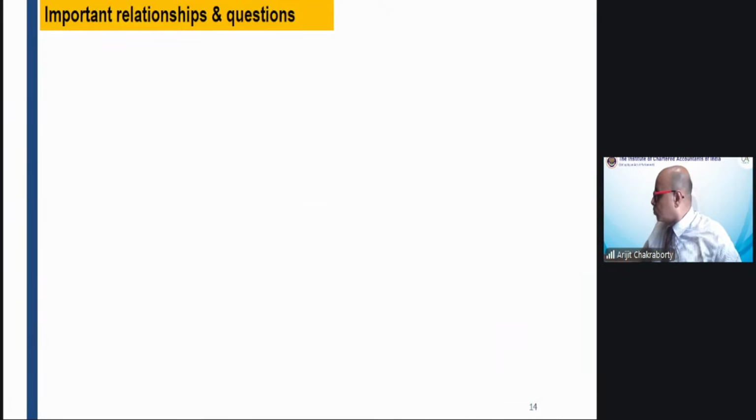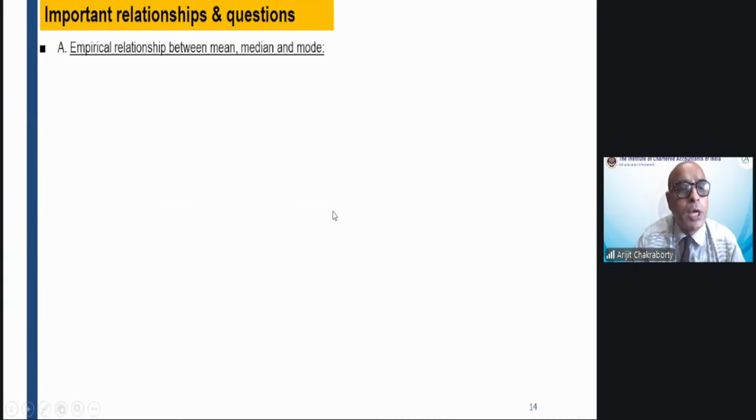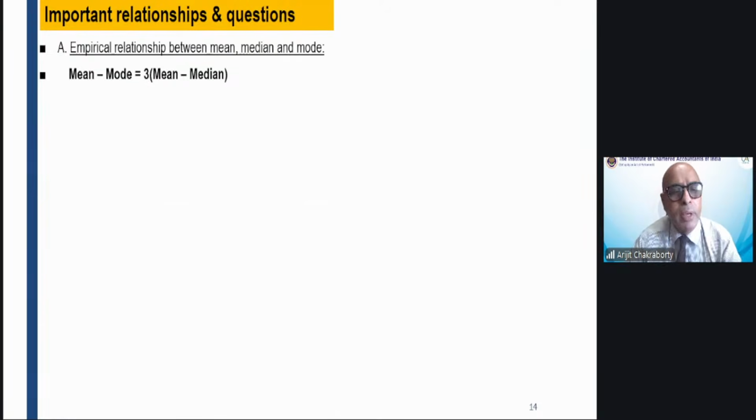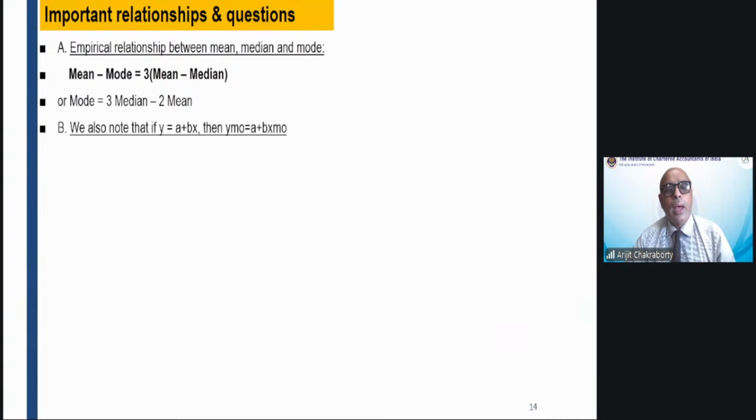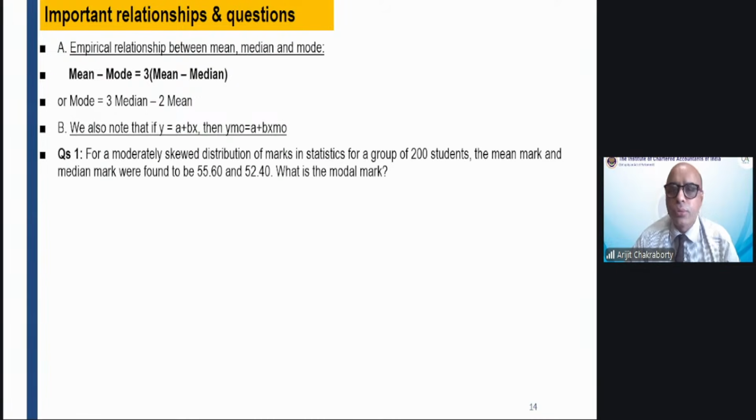Now we move to the important relation, empirical relation, as I think we have done many of the relations here. Just a quick recap: mean minus mode equal to 3 into mean minus median. And before we go to the exercises, please see the last relationship, that if y equal to a plus bx, the mode of y will be equal to a plus b into the mode of x.